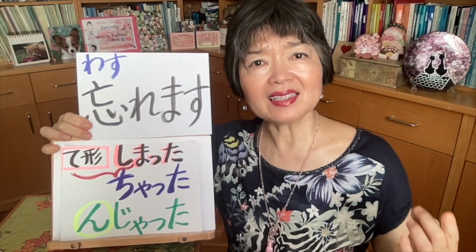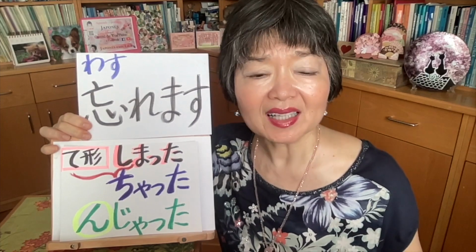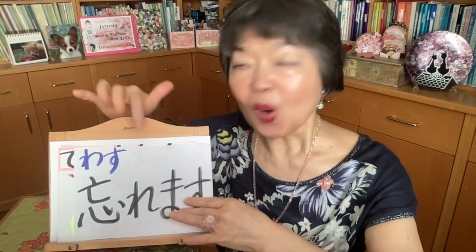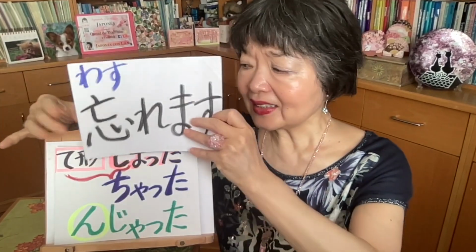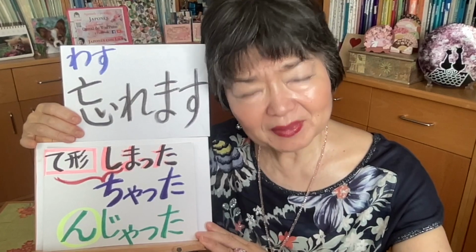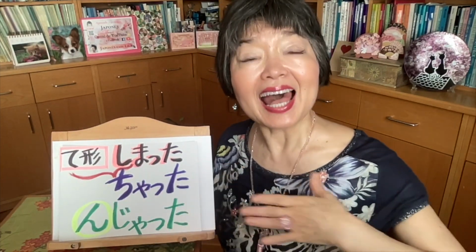Oh my God, I forgot the homework. Sorry. 宿題を忘れてしまいました。宿題を忘れてしまった。宿題を忘れちゃった。 So even if the translation is the same in English, when we use te form and shimatta, I express my regret.